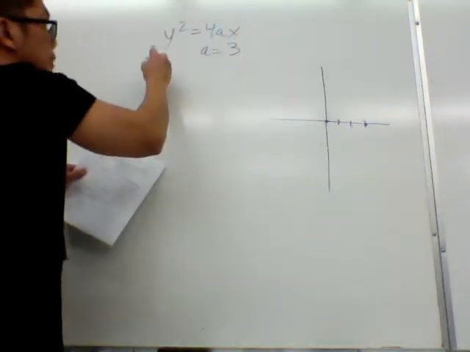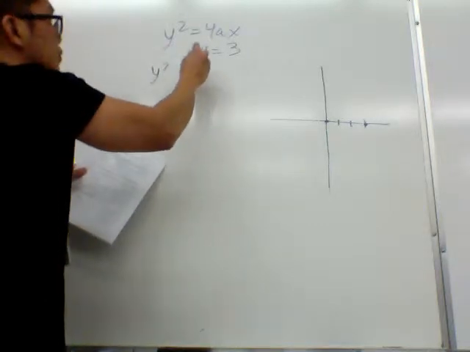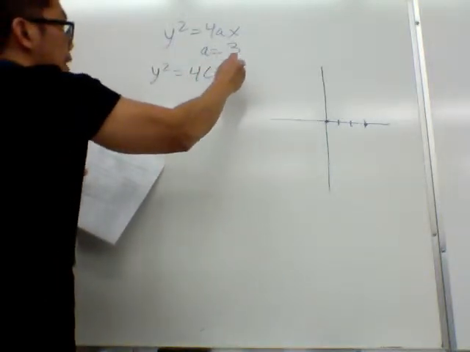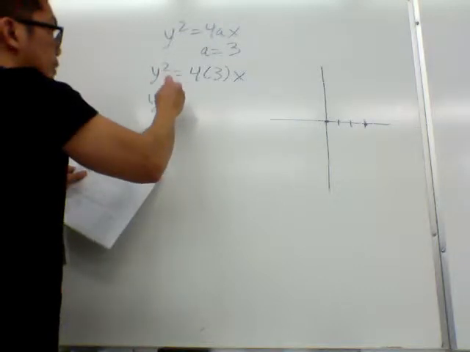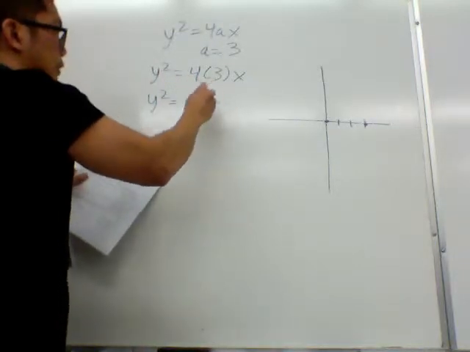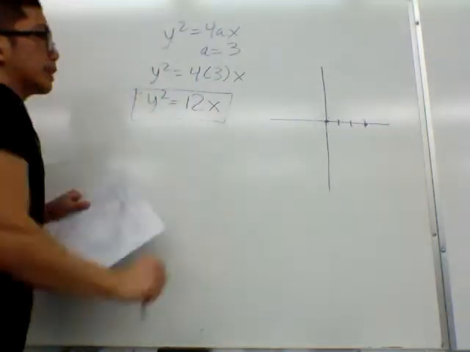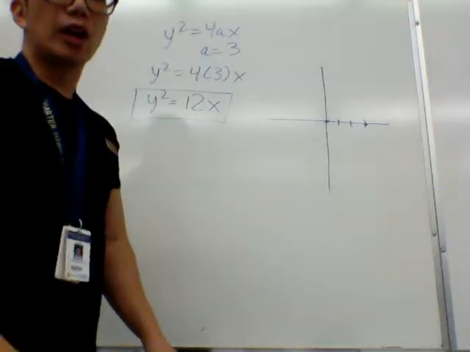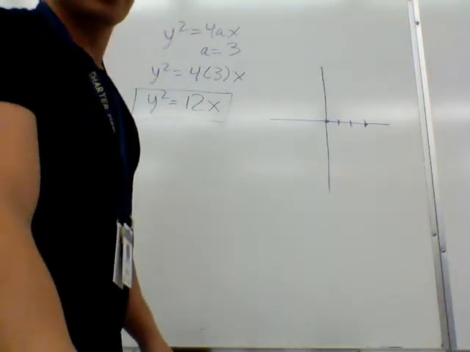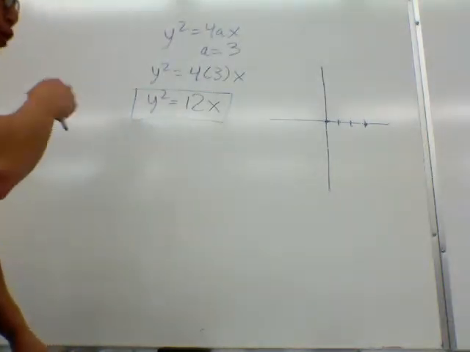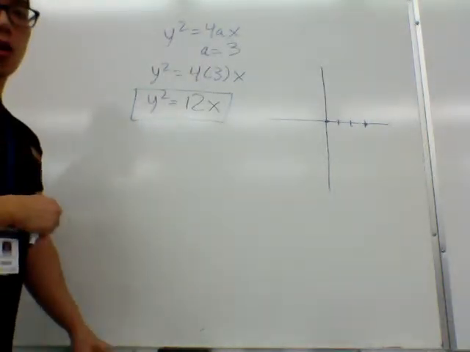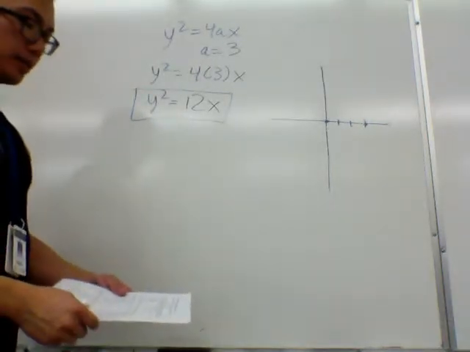So this equation becomes y squared is equal to 4 times 3x. And so y squared is equal to 12x. And that is my equation for the parabola. You do not need to solve for y. That is the form that we actually want to see. y squared is equal to 12x.